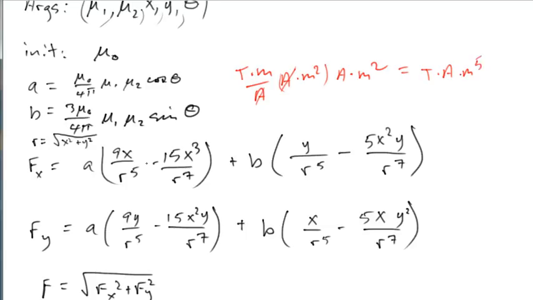Alright, then when we put that in here for any one of them, each one of these things in parentheses has units of 1 over meters to the fourth. So if I multiply that by 1 over meters to the fourth, so that was A, and then times 1 over meters to the fourth, I've got the units presumably of force, and it comes out to be Tesla. What I actually have up here is Tesla amperes times meters.